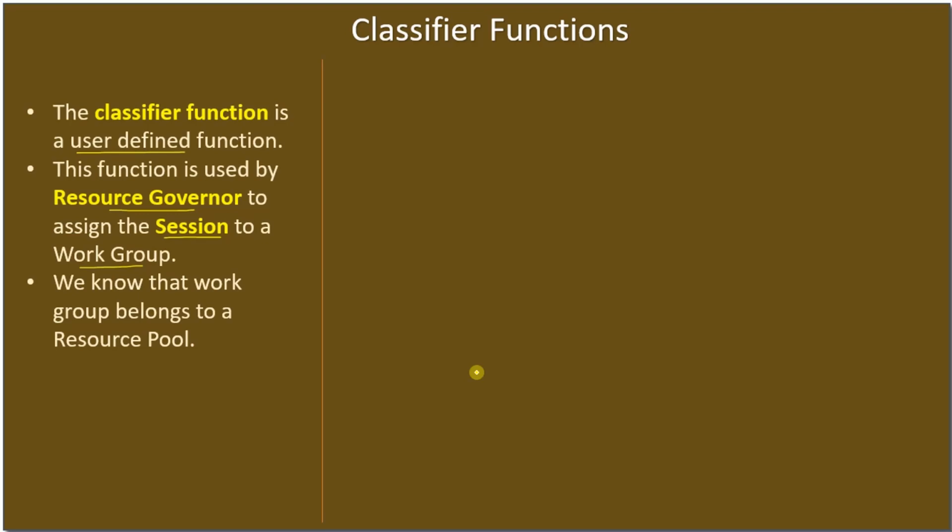That's what we created, right? And those two groups belong to my resource pool. So that's what we are talking about here. We know that a workload group belongs to a resource pool.